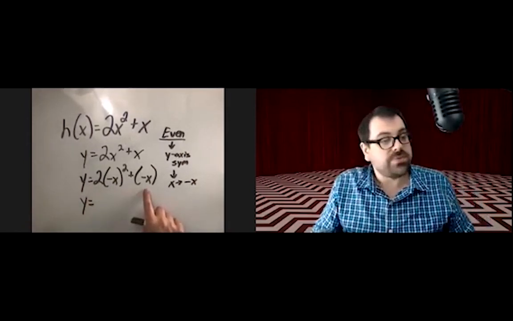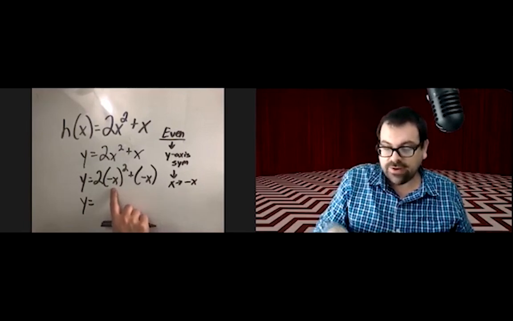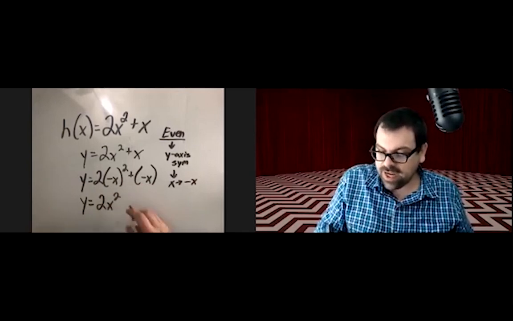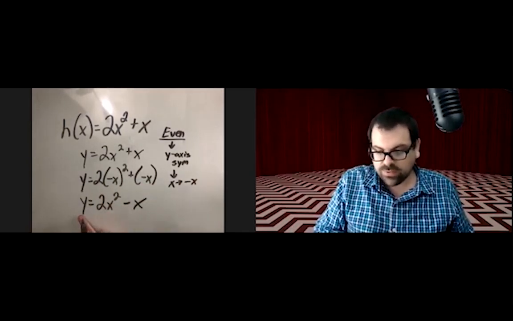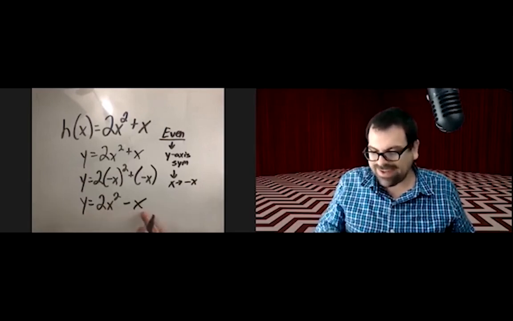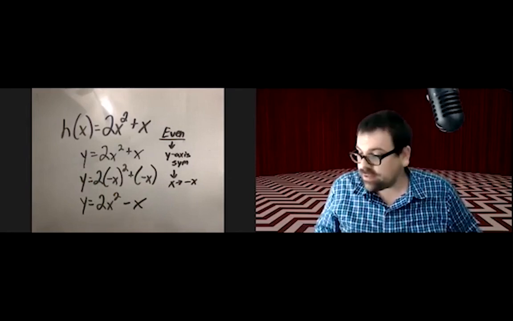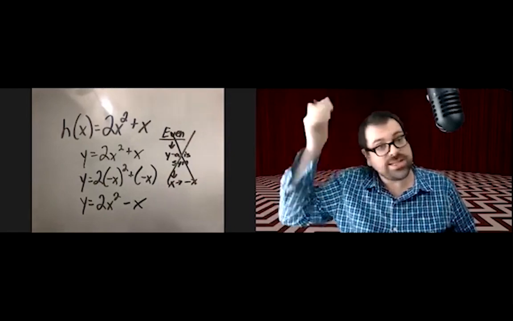So replacing the x with negative x both places. Squaring a negative turns the term positive. Plus a negative is just minus. We already have y equals 2x squared minus x is not the same as 2x squared plus x. Doesn't have y-axis symmetry, it's not even.